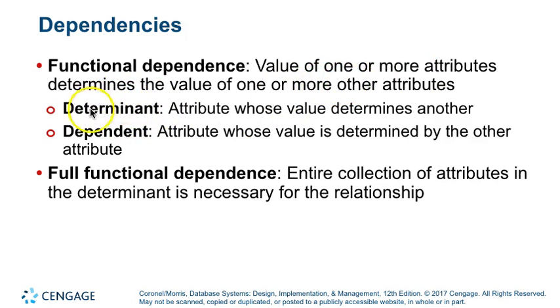The determinant is what determines things. Again, this is usually the primary key. Attributes that go with that specific record are called dependent attributes. And when we talk about some theory here about what items are dependent fully on one key, we call that full functional dependence. And then you have a valid relationship.